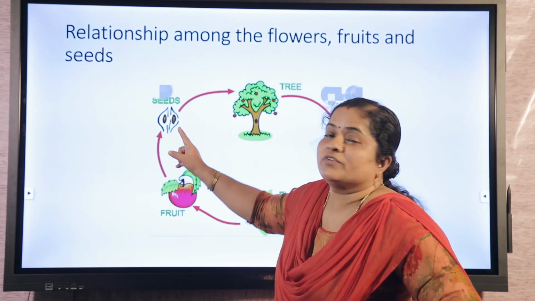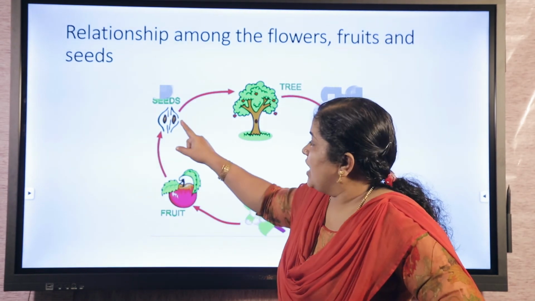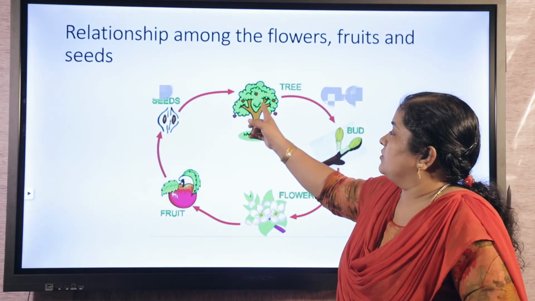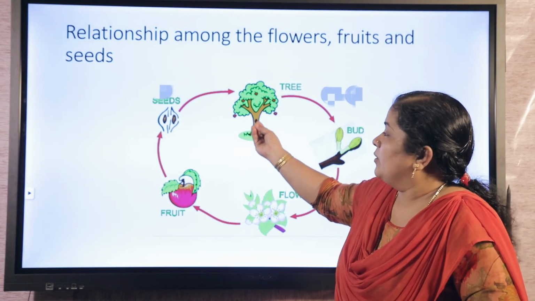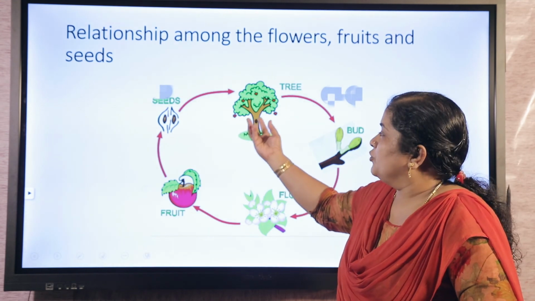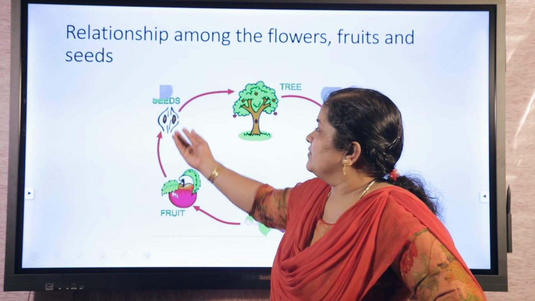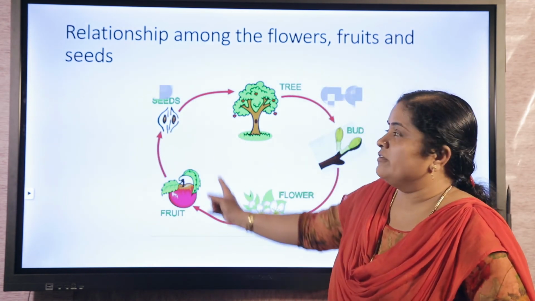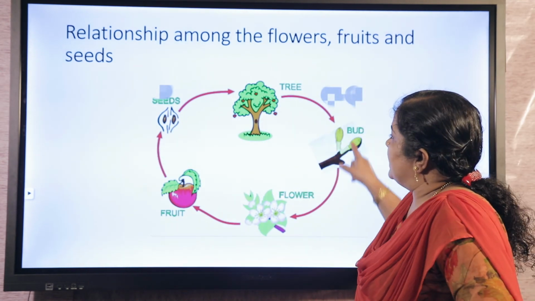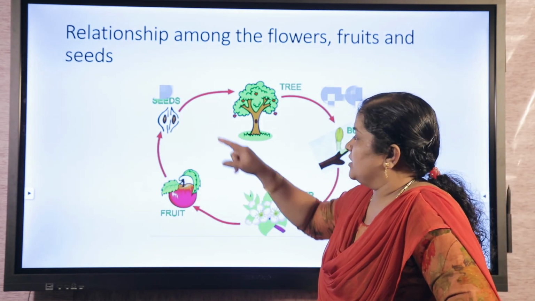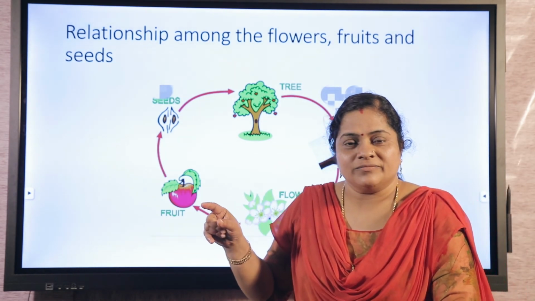And inside the fruit we can see seeds. Those seeds again we sow, and it grows into a new plant. And from the new plant again buds, then flowers, then fruits, then seeds. This is a continuous process. This is the relationship among the flowers, fruit and seeds. Clear now, children? Okay.